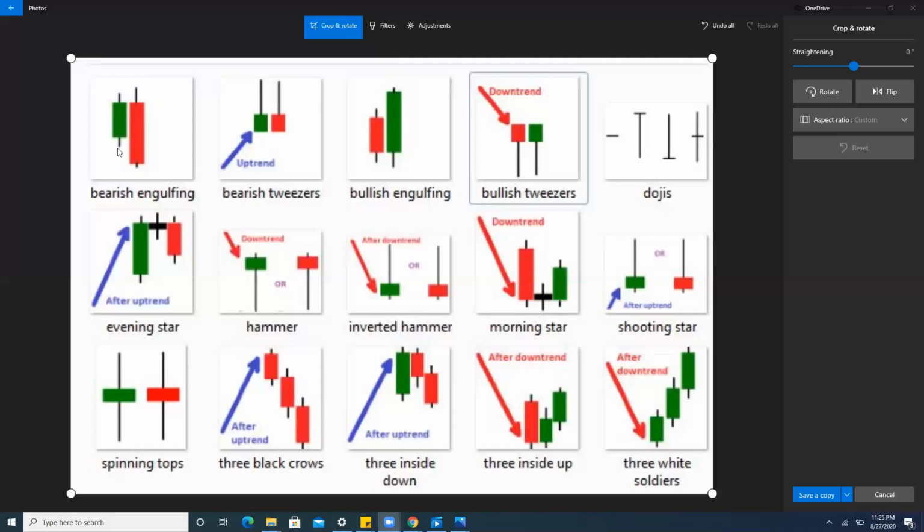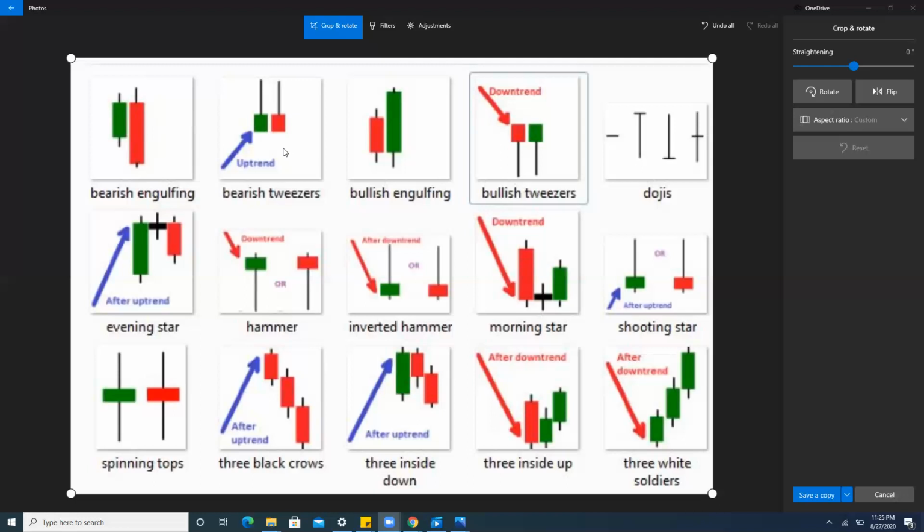This is a bearish one, so you've got a green, upward bullish candle followed by a bearish candle. The green and the red areas are considered the bodies of the candles. The second candle's body is bigger than the first candle's. So that's the bearish engulfing candle.